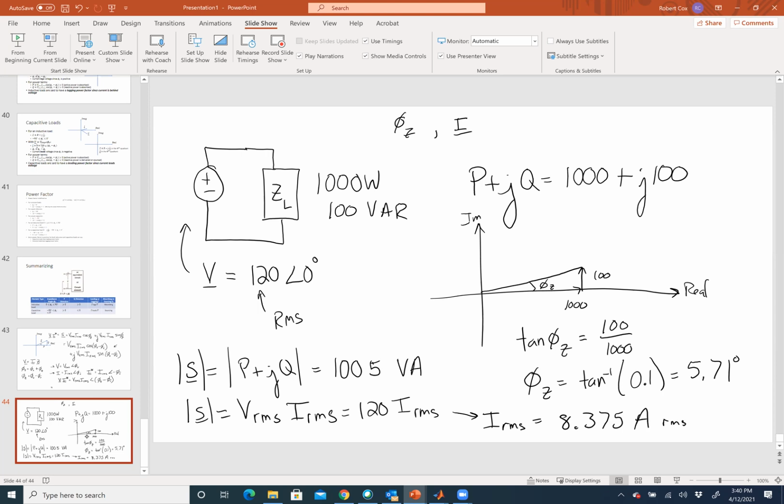I'm not always going to write it out, but I'm going to say it's RMS for now. All of our magnitudes are going to be RMS from this point onward. For the next couple of days, I'm going to keep repeating that point. There may very well be a specific problem where you'll be given peak values.